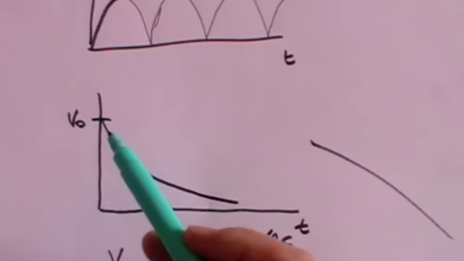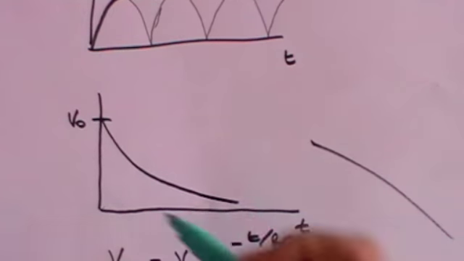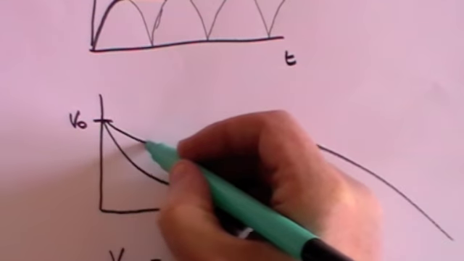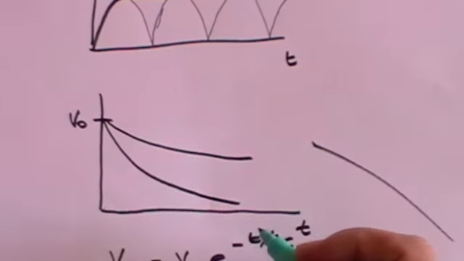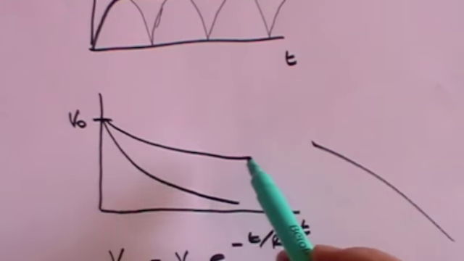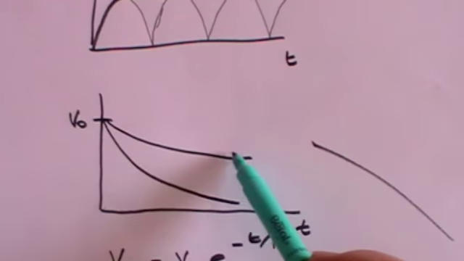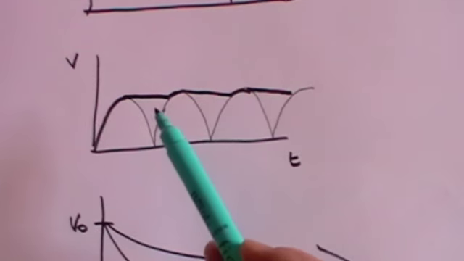So this, as it were, decline in voltage would be for a small capacitor. If you have a large capacitor, then the fall off will be very much less. In other words, you keep the voltage higher for longer. And that's what you need to do here.